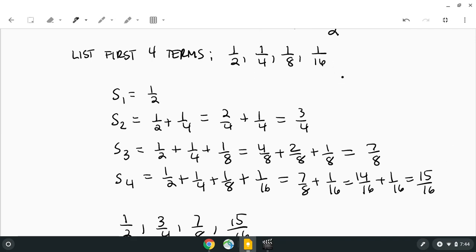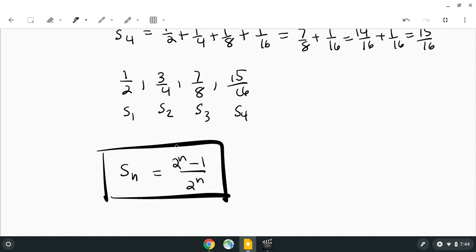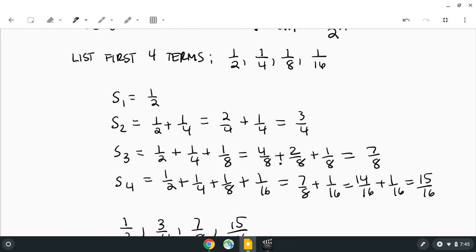Well, what if I am asked to find the sum of the first 50 terms? I don't want to have to list all 50 terms. Because I have this formula for my sequence of summation answers, I don't have to list the first 50 terms. I can just plug in 50 over here, and I can come up with the answer for the sum of the first 50 terms. So that's what they're trying to get you to do here.